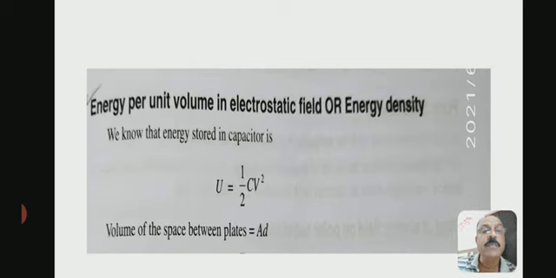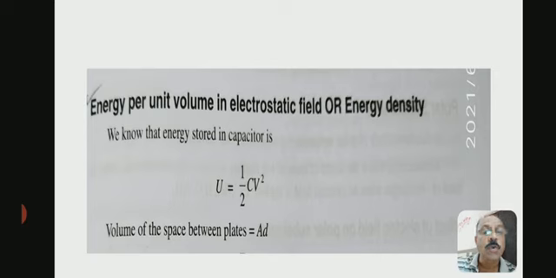Then we come to the energy density, that is the energy per unit volume in an electrostatic field. We know that the energy stored in a capacitor is given by, in the last equation, U equal to 1 by 2 CV square, where U is the energy stored, C is the capacitance of the capacitor, and V is the applied potential.